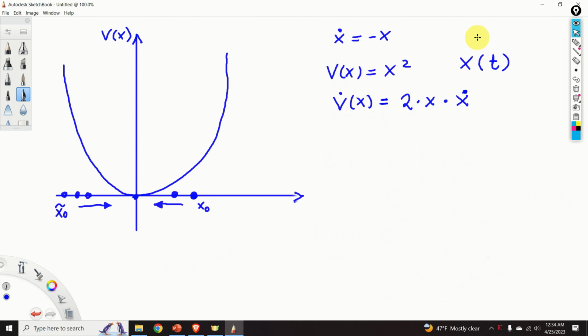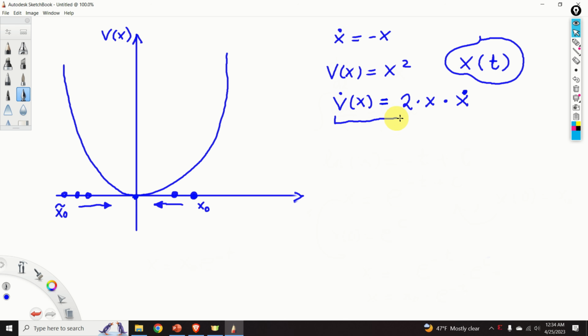If we want to compute the derivative of any expression that involves x, we first treat x as a constant variable. That is, we compute the derivative assuming that it doesn't depend on time, and that's why you obtain here 2 times x, and then we assume that actually x depends on time, and then we need to differentiate x with respect to time, and that's the explanation.